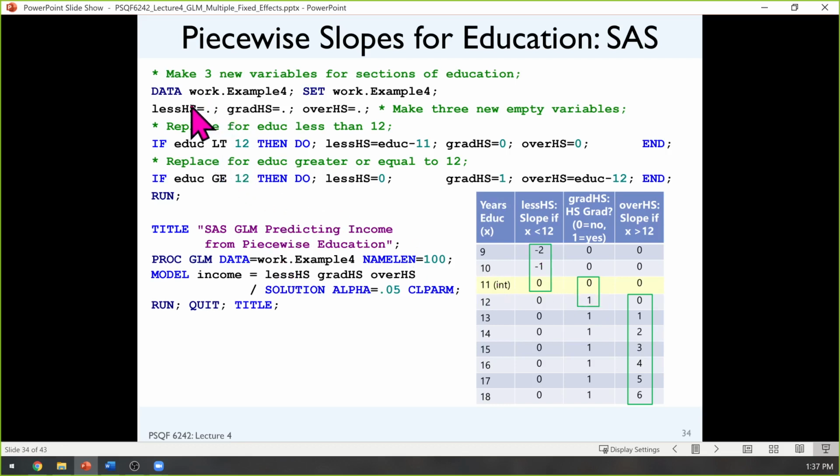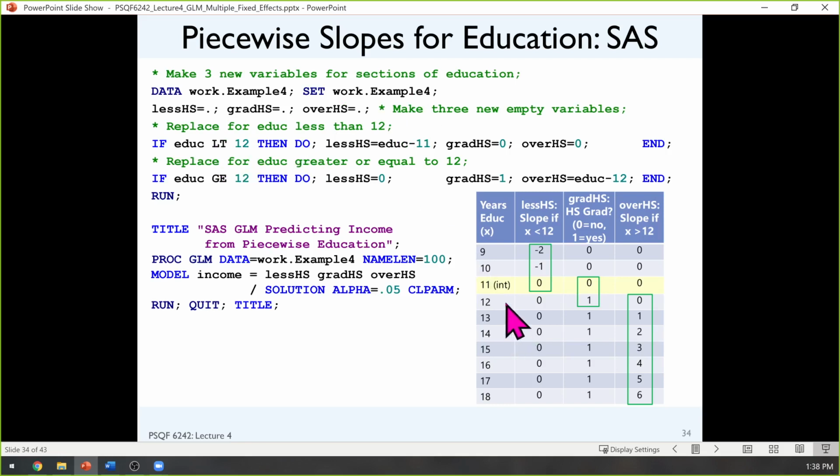So in each program, the first step is to make 3 blank columns, same as usual. So here's the SAS code that goes with this, and I'll show the Stata code in just a second. So I am using 2 conditional statements here. If education LT, which stands for less than, you can use the symbol or you can say LT, 12, then do.